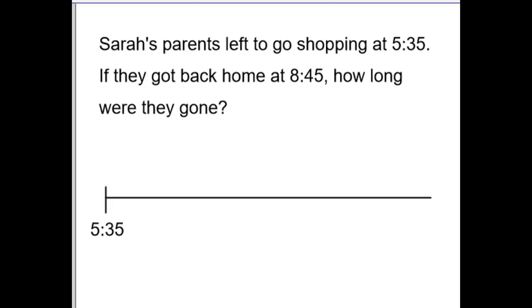So let's look at our word problem. Sarah's parents left to go shopping at 5:35. If they got back home at 8:45, how long were they gone? So I can see that 5:35 is my begin time.